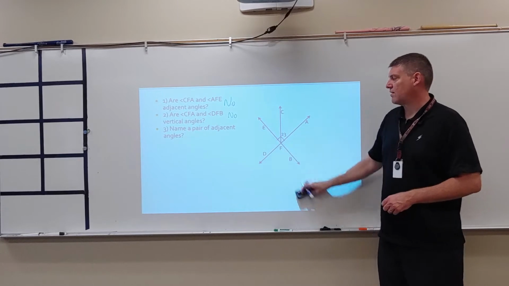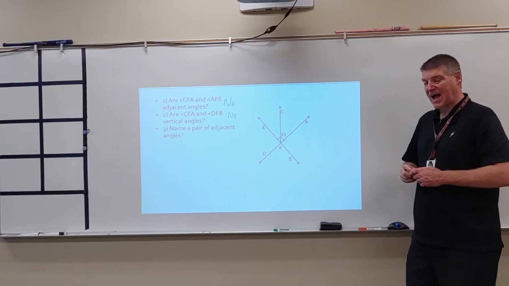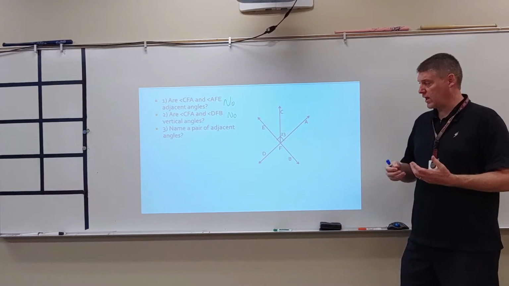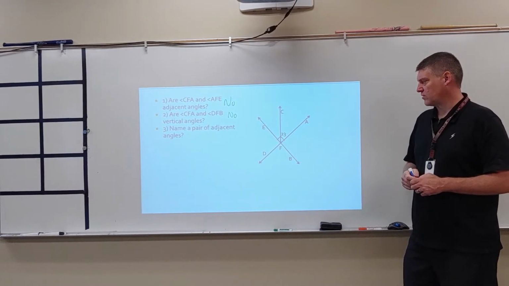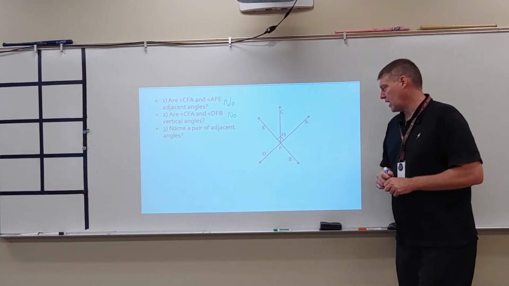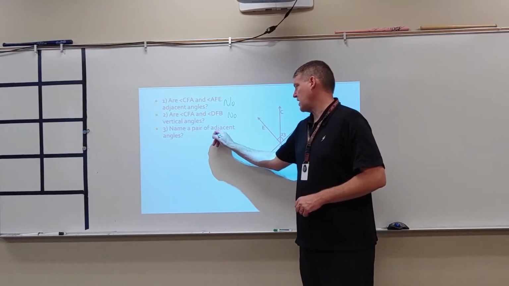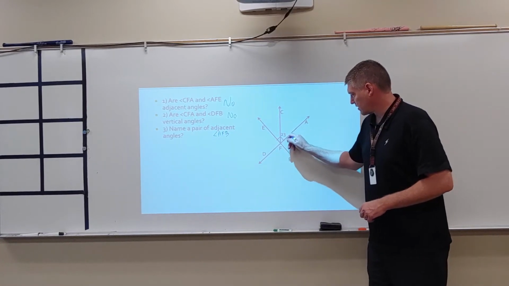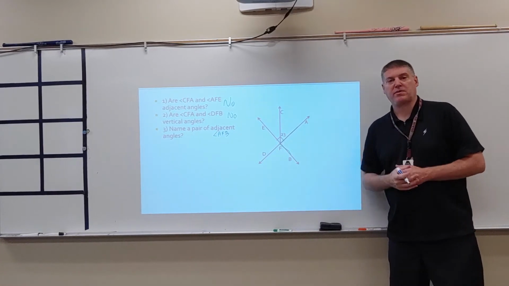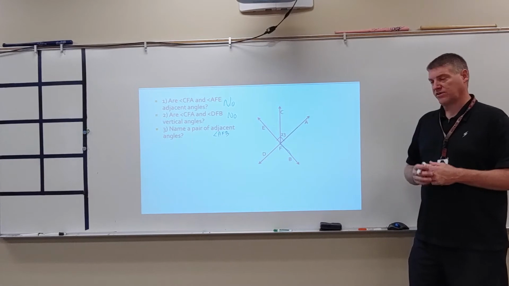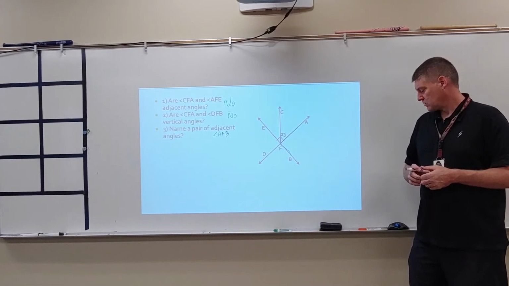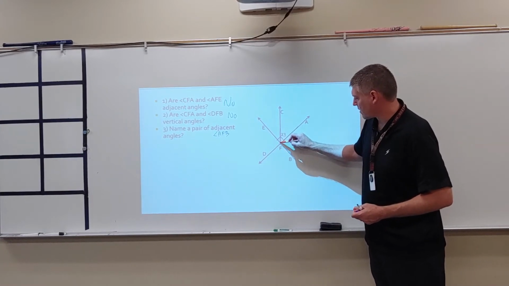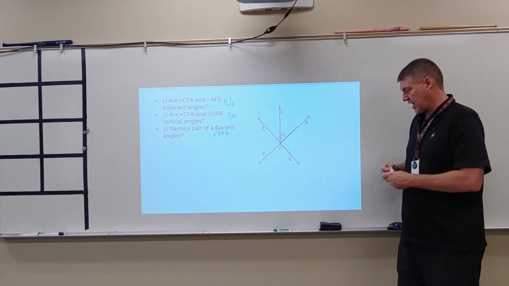Name a pair of adjacent angles. There are lots of adjacent angle pairs up here. We're just going to name one. I'm going to pick an angle, AFB, this angle right here. And I'm going to pick another angle that uses one of those sides, this one right here, CFA.